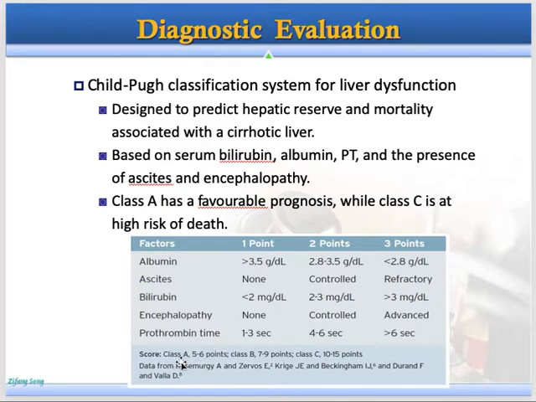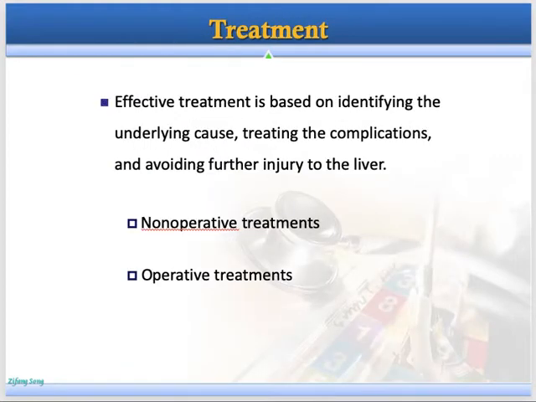And we divide into class A or class B or class C, depending on how many points they are getting. Of course, the maximum could be 15. So class A has favorable prognosis, whereas class C is at high risk of death. Okay.